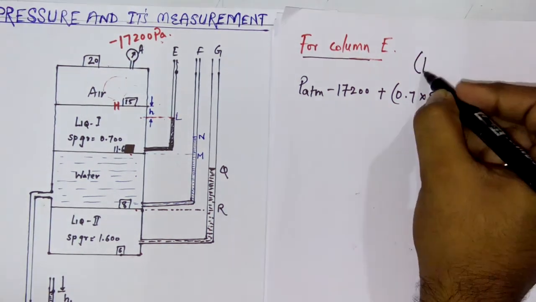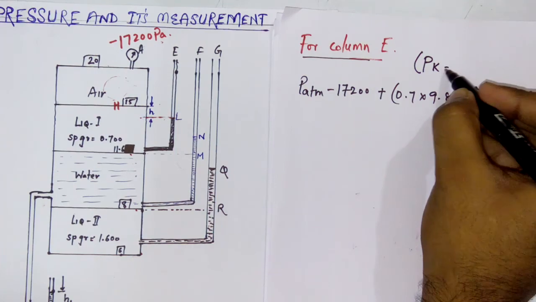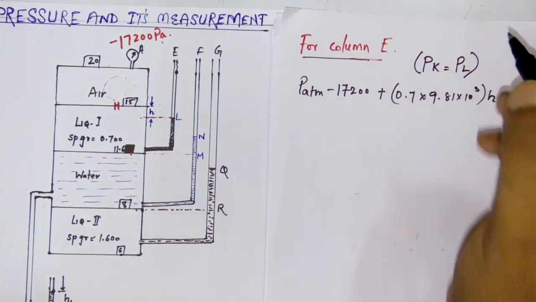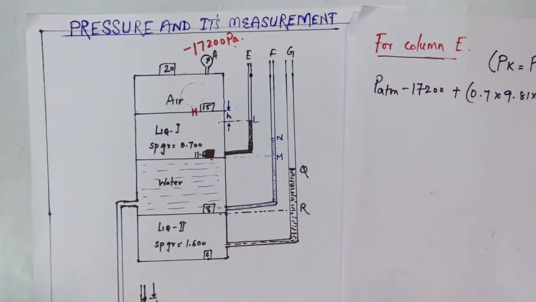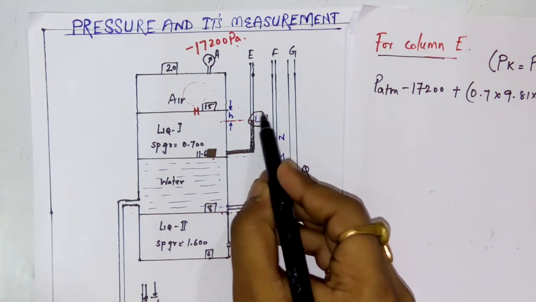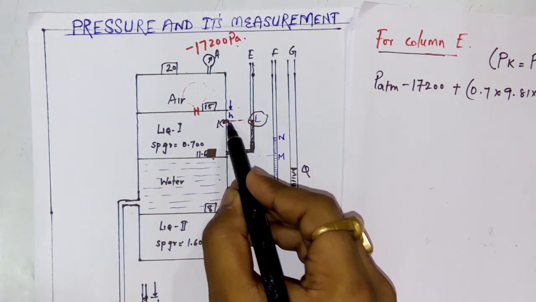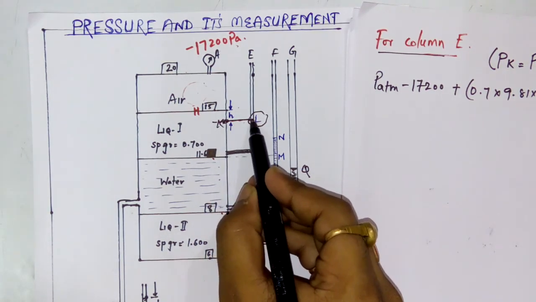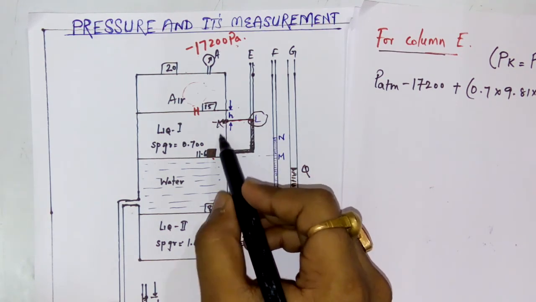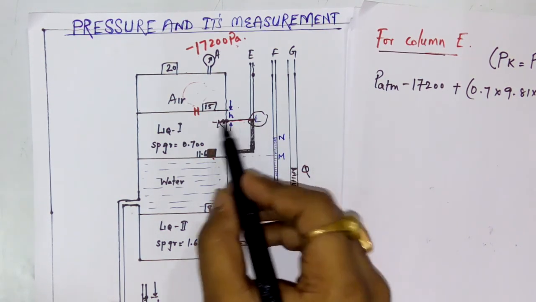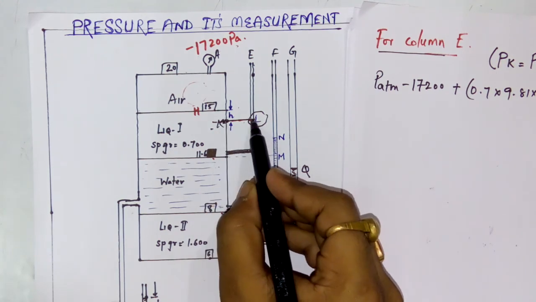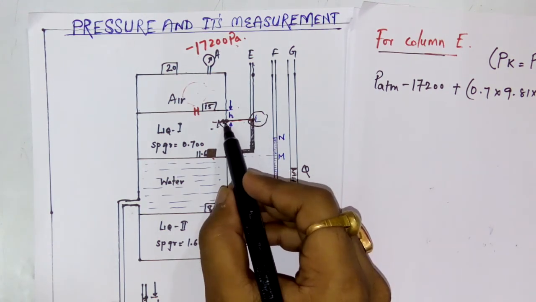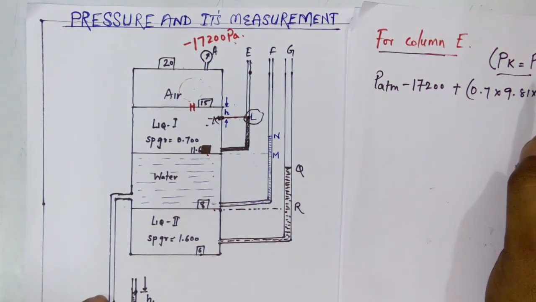I am doing this for pressure at K equals pressure at L. See here, what is L? L is this point and K is this point. These are lying at the same horizontal level and the fluids are the same. Here also liquid 1, here also liquid 1 only. So I can write Pk is equal to Pl.